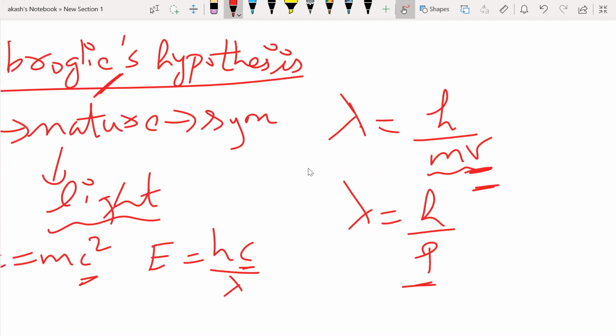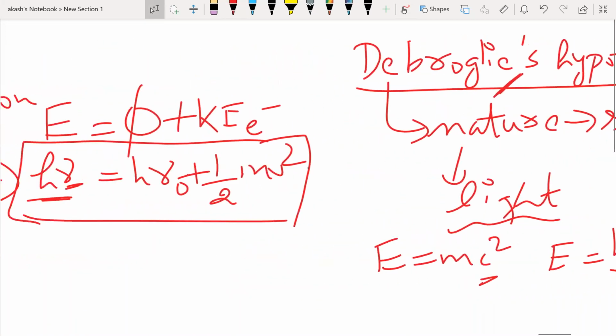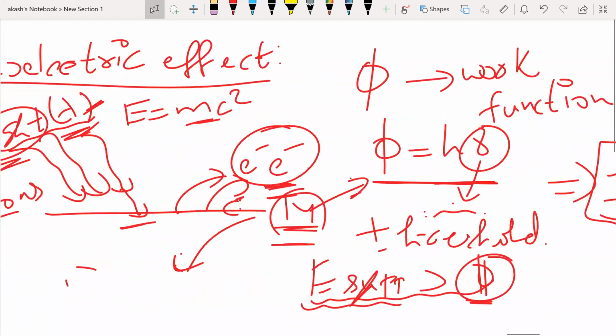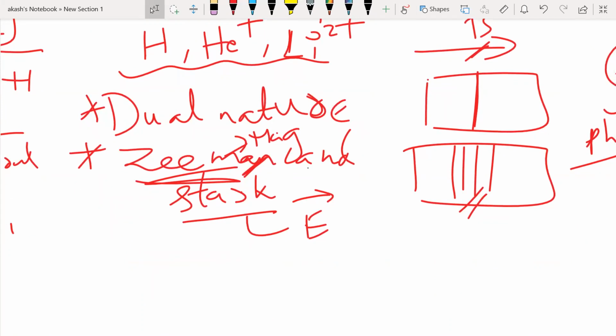Actually, I forgot one very important point: the limitations of Bohr's theory. One of the most important problems was Heisenberg's uncertainty principle. We'll speak about it now.